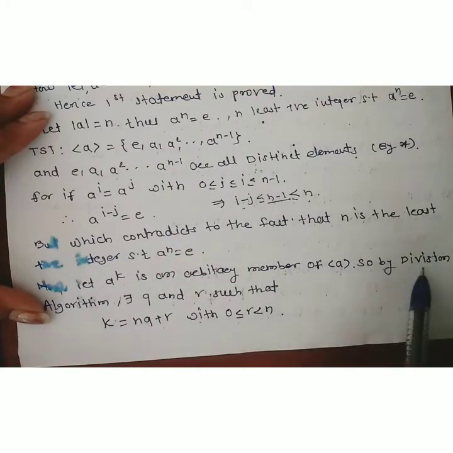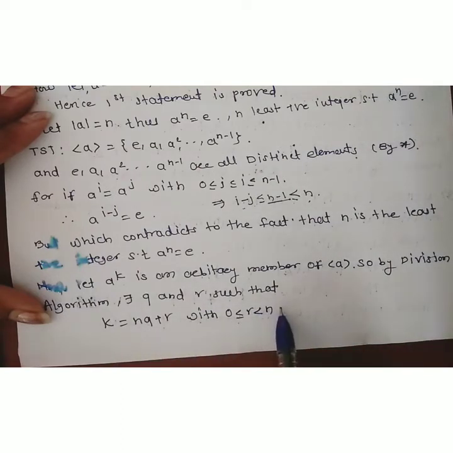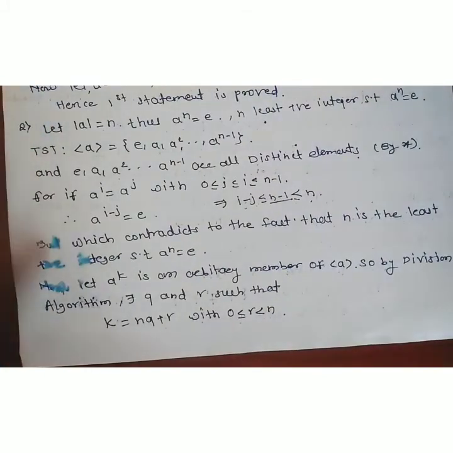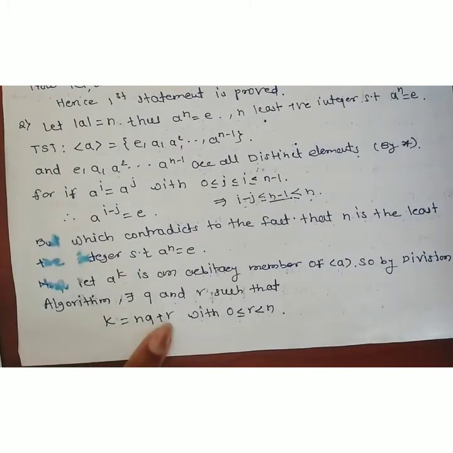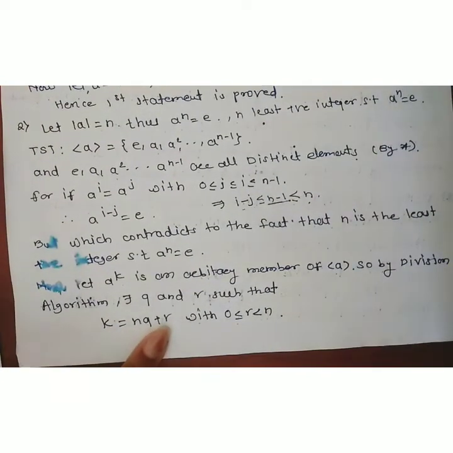Therefore by the division algorithm there exist q and r such that k is equal to nq plus r, with 0 less than or equal to r less than n.